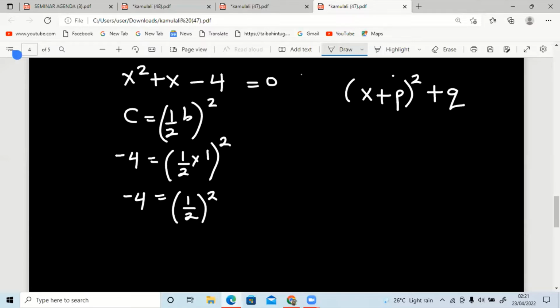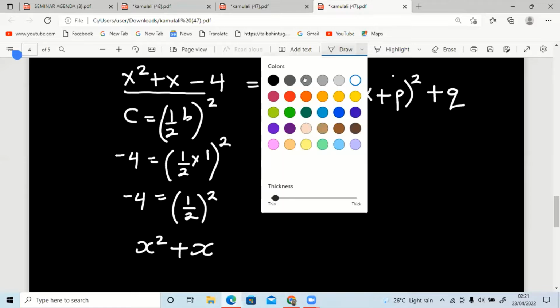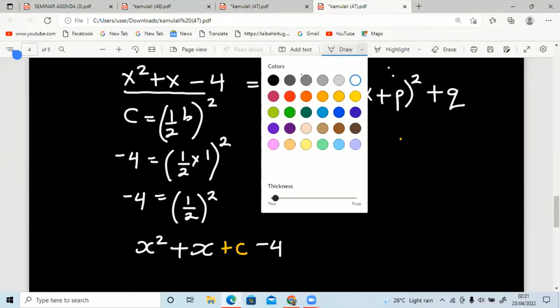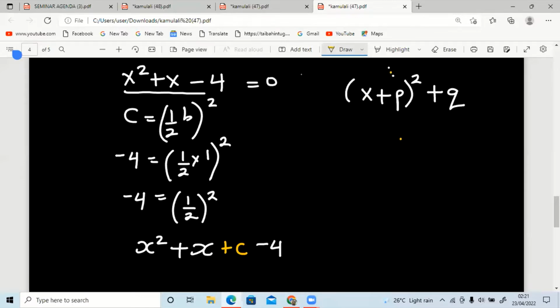So go back here in my equation. I'll have x squared plus x. Then I'm going to bring in something here. I say plus c. Then I bring back minus 4. Then I bring back my c. Here I have added, then I will subtract.